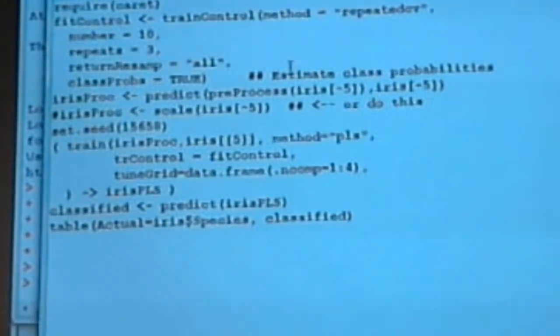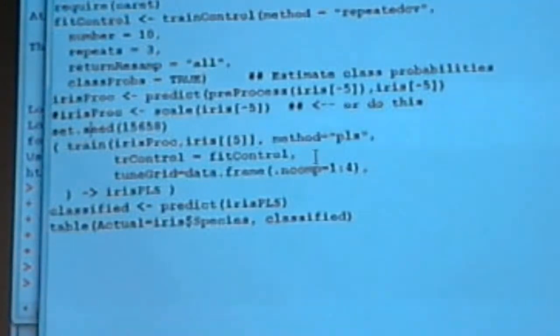Now let's look at this partial least squares fitting here. Partial least squares fitting has a parameter called ncomp, N-C-O-M-P. Look at the help documentation on that. I think it has help documentation on PLS, or PLSDA, I forgot which one.